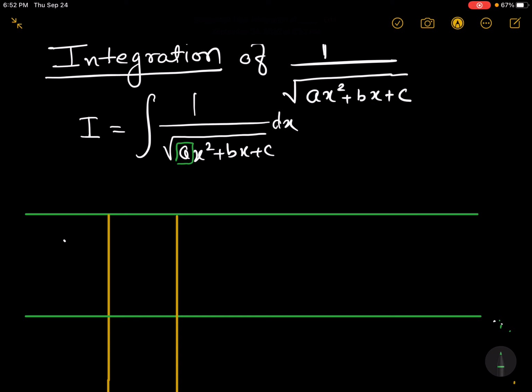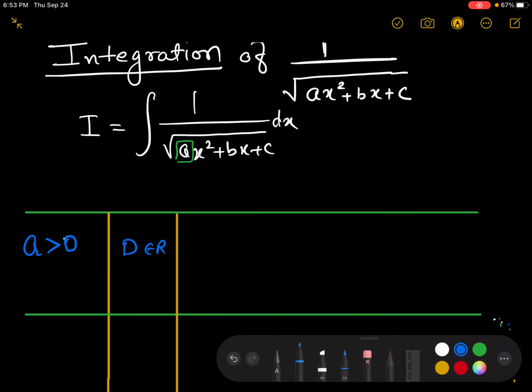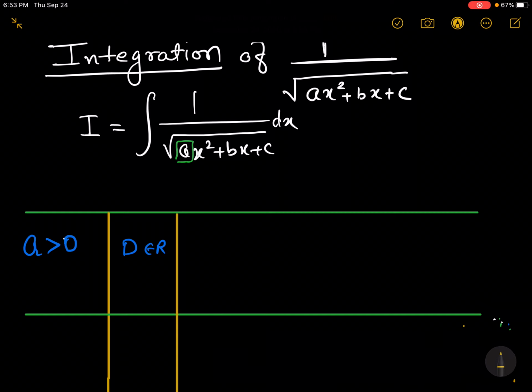So the first case can be a greater than 0. First of all we check the value of a, and if it is greater than 0, then d belongs to R. In this case d can be any real number.